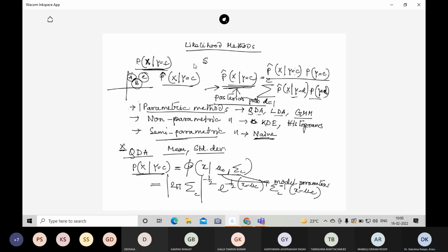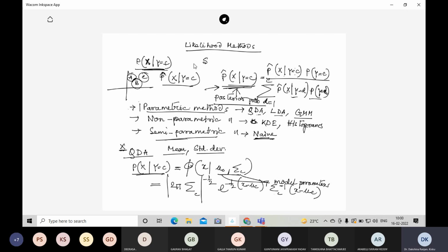So the Cth class density is estimated by mean and covariance matrix sigma, and training the density to estimate these parameters is done by maximum likelihood.